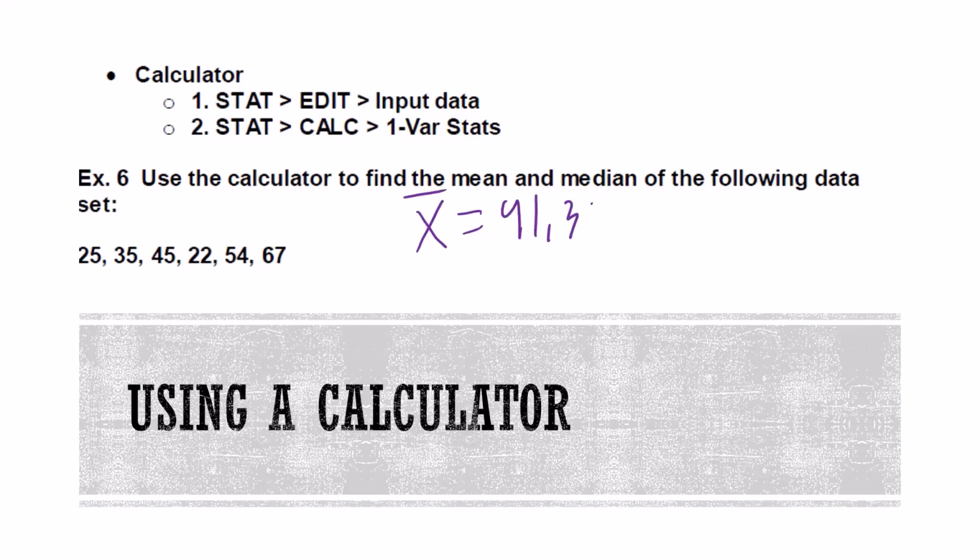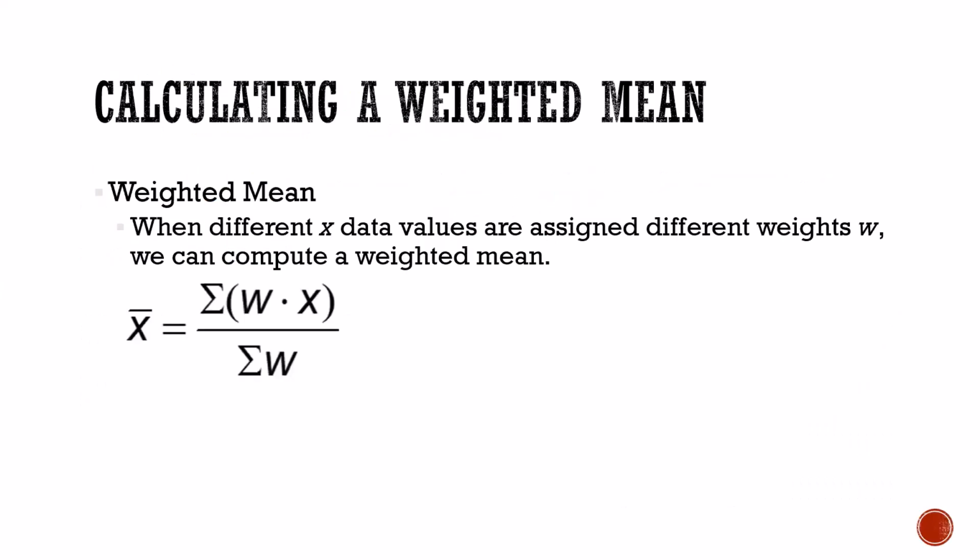Okay, so last thing is a weighted mean, right? When different values are assigned different weights, you can calculate a weighted mean by using this formula where W is the weights.